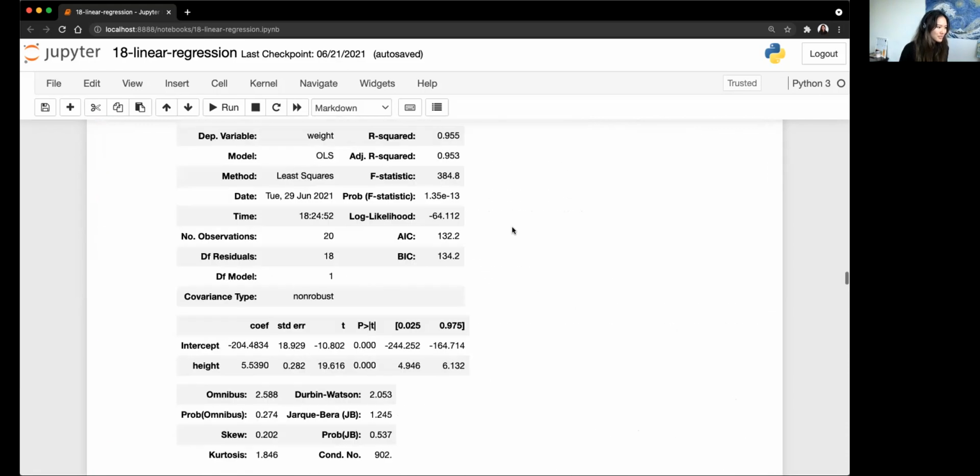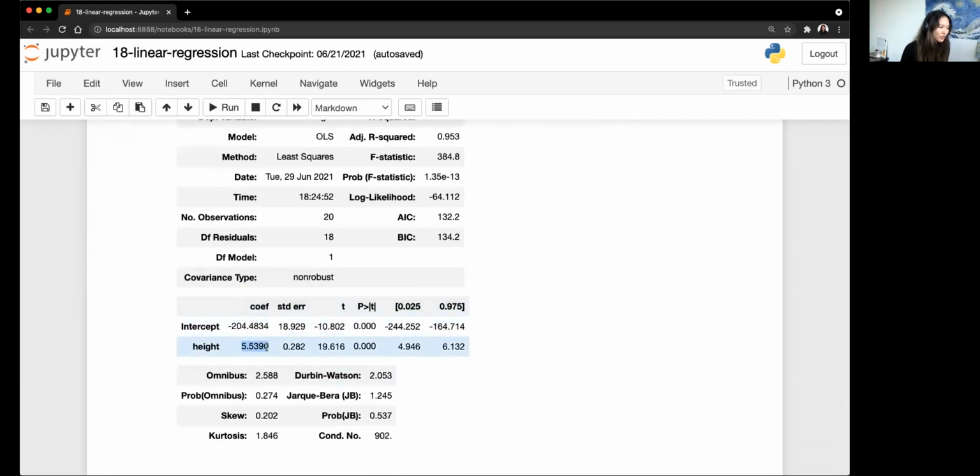Here this coefficient means that height goes up by 1, weight goes up by 5.539. That is a relationship: a change in height affects a change in weight. So as long as there is a number here, there is a relationship.